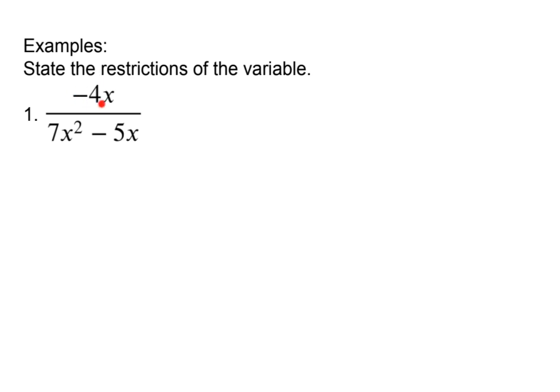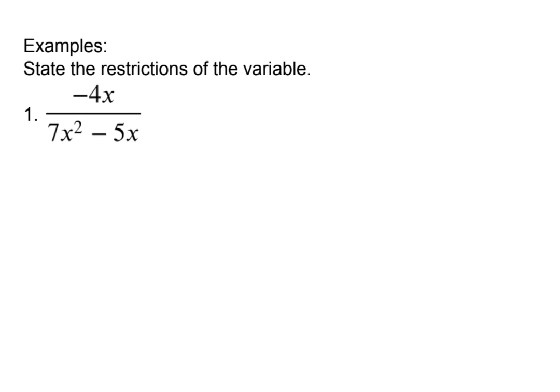So up here we're not so worried about. It can be whatever it wants. But the bottom can create some issues that we have to be aware of. Whatever I put in here for x cannot make this turn into a 0. So our job is to figure out what would be the problematic x's.